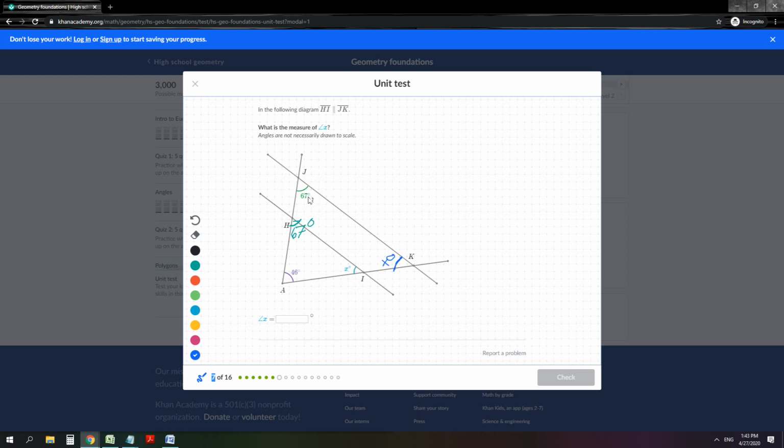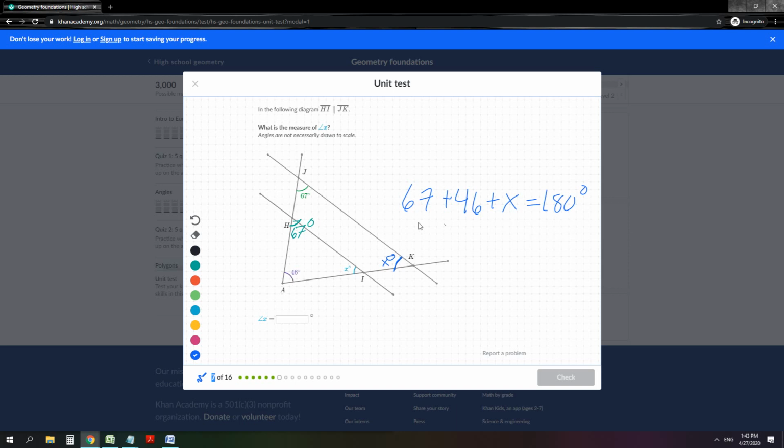Well, notice 67 degrees, 46. A triangle, right? We know that 67 plus 46 plus x has to be 180 degrees, because that's my big triangle, HJK. It's actually also my small triangle.